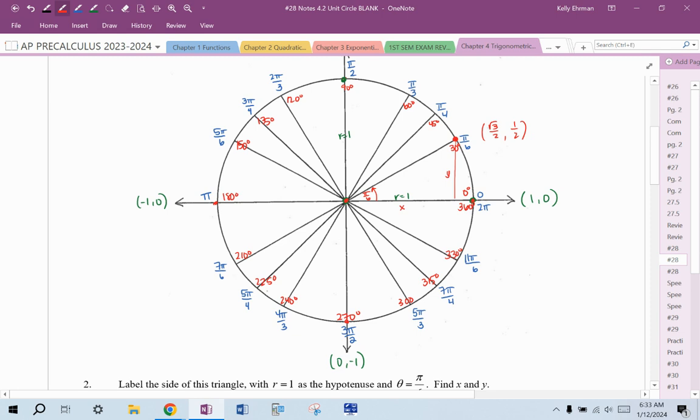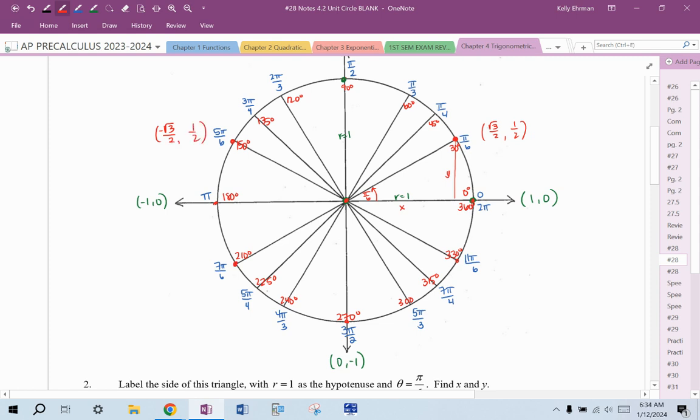Now, we don't have to draw a triangle for every single angle on here. This is a circle. So these pi over 6 point angles on the circle, the points that go with them, they're symmetric. So I can just say this point over here at 5 pi over 6 should be almost the same point, except it's negative radical 3 over 2, positive 1/2.